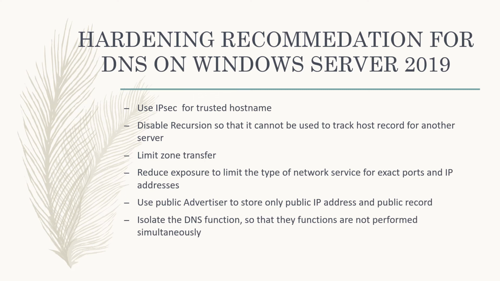There are a lot of ways in which attackers can get into the system. By following this route, you are able to harden it, so it will be very difficult for an attacker to get in and try to mimic your IP address. Another thing you can do is use a public advertiser to store only the public IP address and public records, meaning you create another IP address, another secondary server.